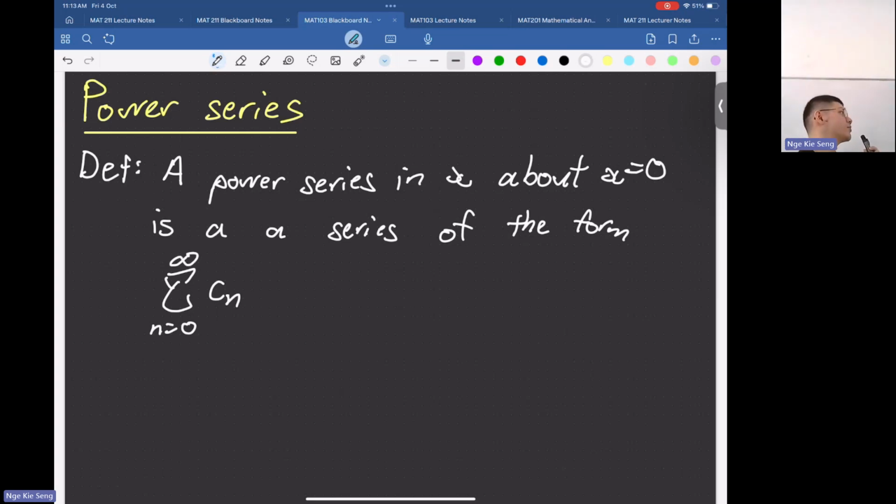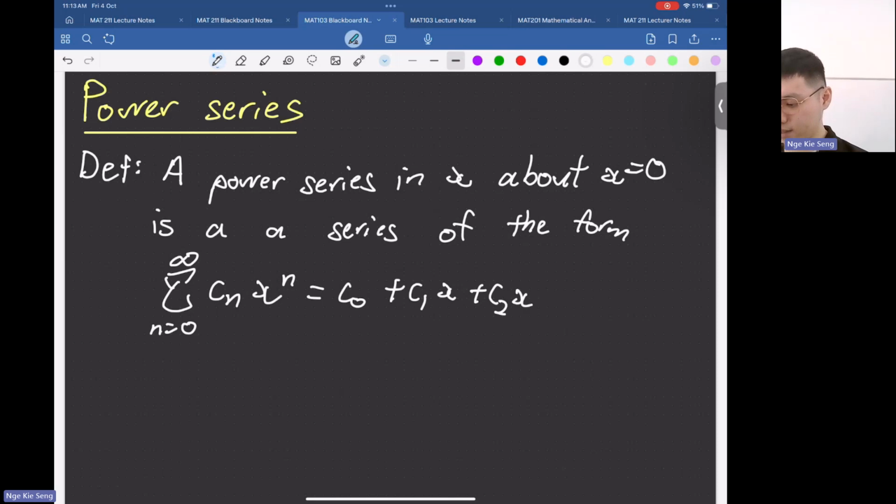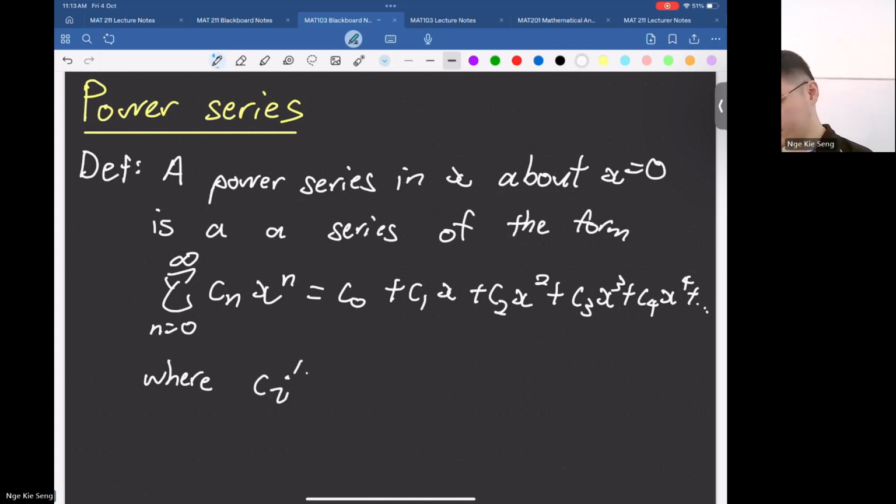Be careful here, we start with 0 now. That equals C0 plus C1 x plus C2 x squared plus C3 x cubed, and so on, where these Ci's are in R. So these are just real numbers.